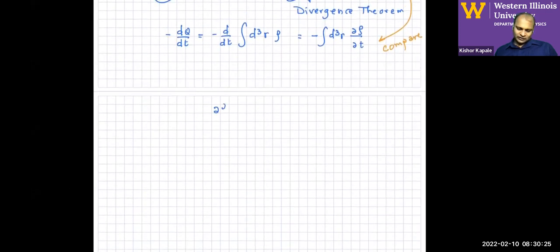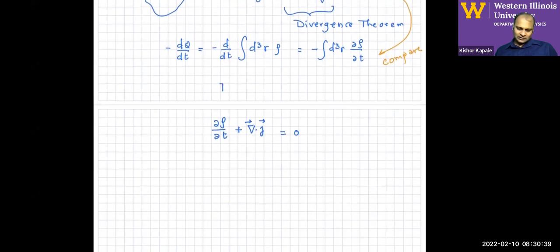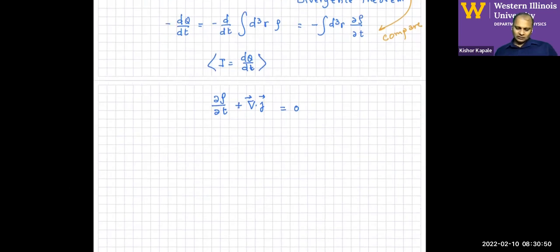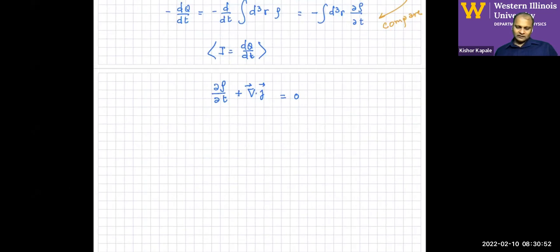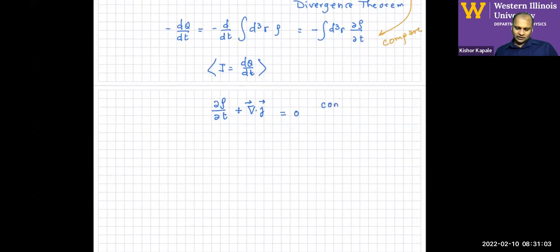The way they relate is that the partial derivative of rho with respect to t plus the divergence of J, if you add it all together, is going to be 0, because I is equal to dq over dt, overall in the average picture of things. On average, this relation should be valid. So you're going to get divergence of J plus del rho over dt, which is the explicit time derivative, since rho has time dependence, which it would in this case when it's moving around. And this is called the continuity equation.